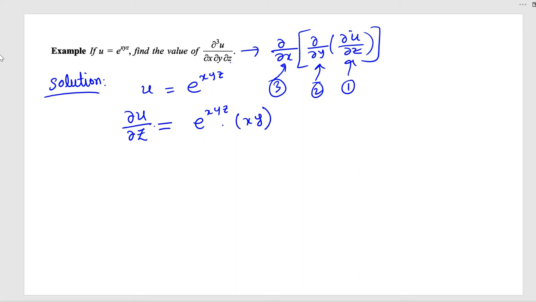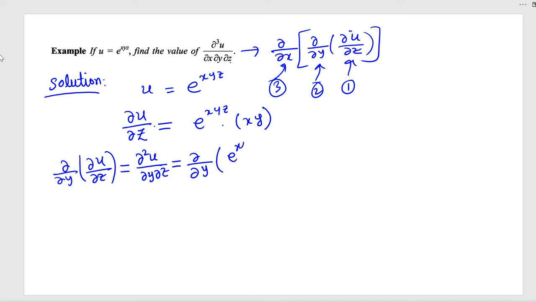Similarly, if you try to differentiate with respect to y, del 2 u by del y del z, this is the partial derivative with respect to y of del u by del z, and here we have e power xyz into x into y.